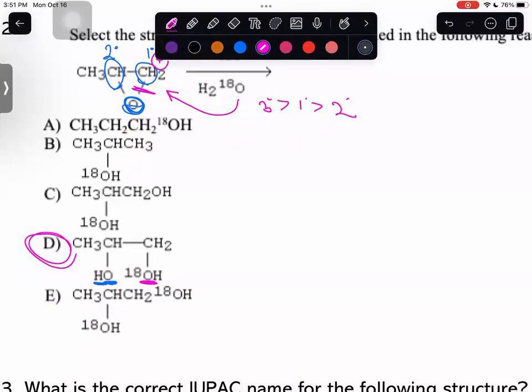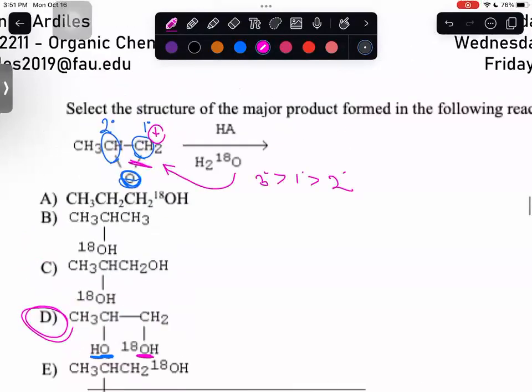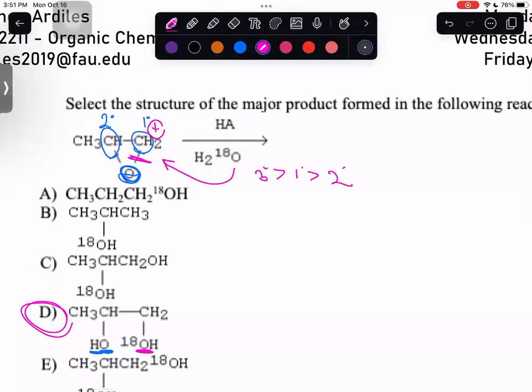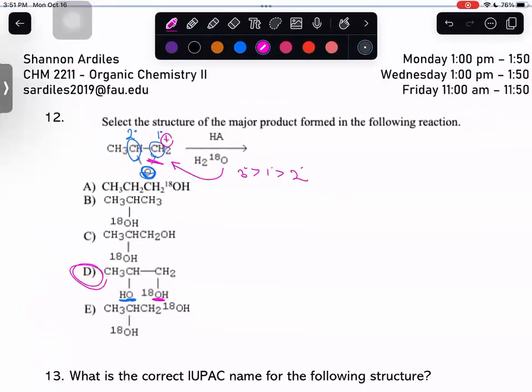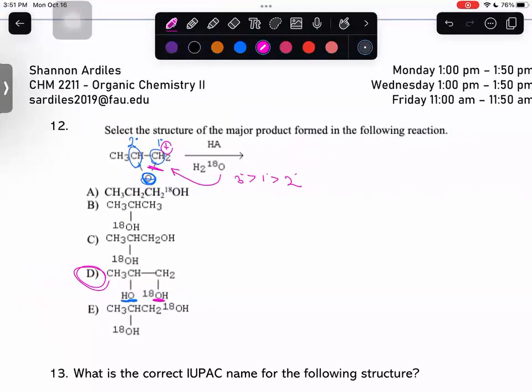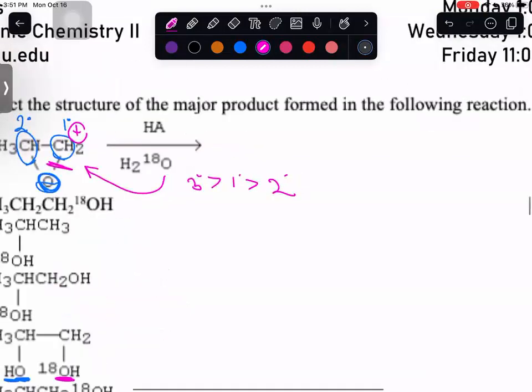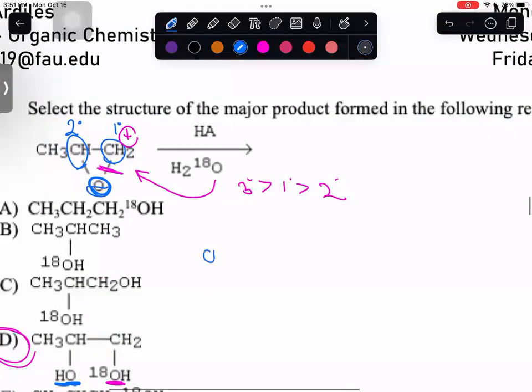Okay. Yes. HA is just indicating that you're doing an acid cleavage. HA, H+, those just indicate acid cleavage. That's it. Do you want it in bond line or condensed?